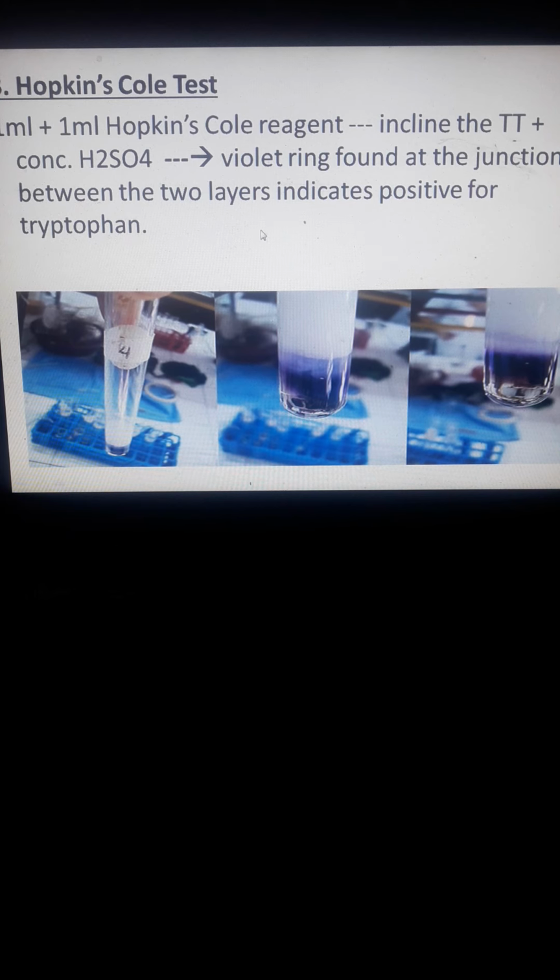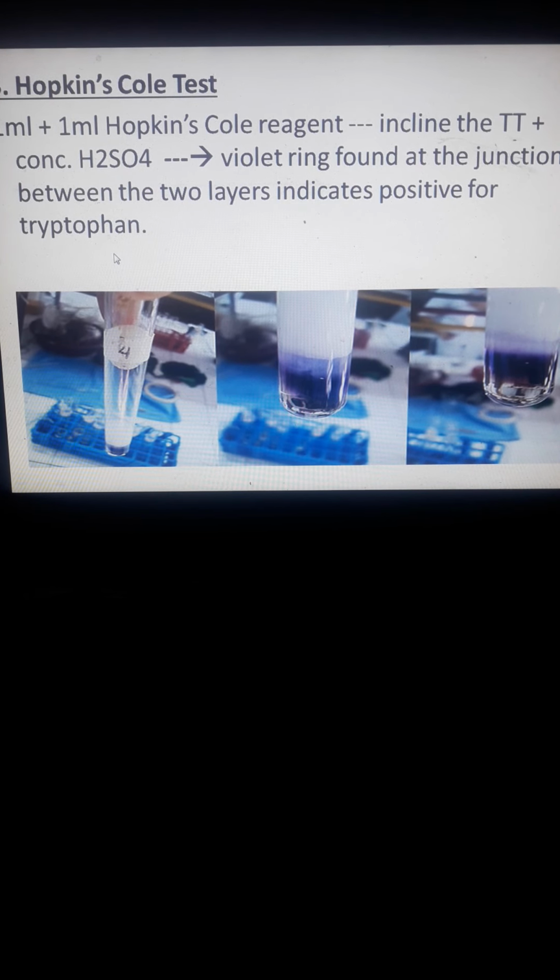So Hopkins-Cole test: 1 ml of the egg albumin plus 1 ml Hopkins-Cole reagent, incline the test tube. The purpose of inclining is to come up with the junction between two layers, a violet ring, which indicates positive for tryptophan.